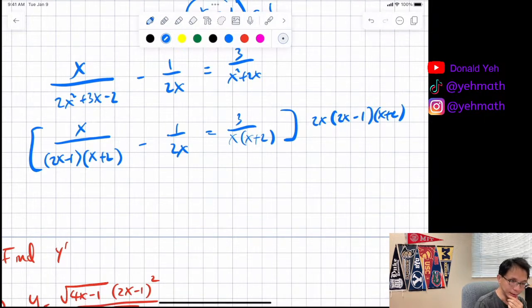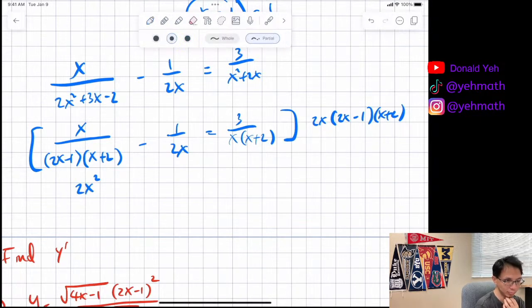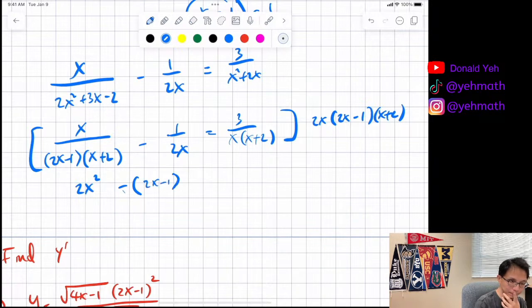And then this, the 2 will cancel out, so we're left with 2x squared. See how easy that is, there's no denominator after I did that. And I'm going to minus this part. And I'm going to have 2x minus 1 times x plus 2.